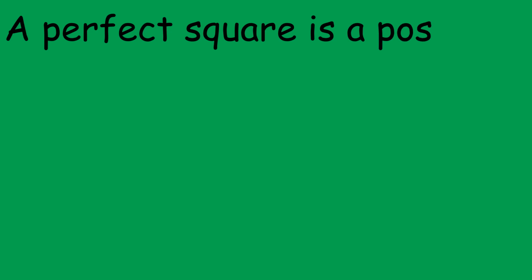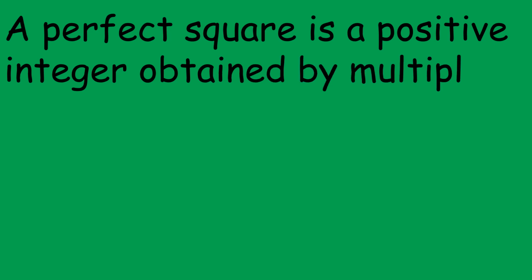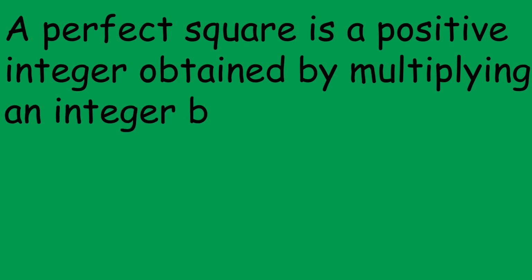Now, what do we mean by a perfect square? A perfect square is simply a positive integer obtained by multiplying an integer by itself. What do we mean by integer?